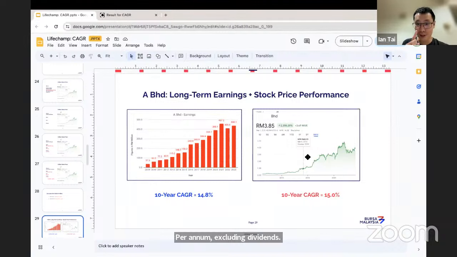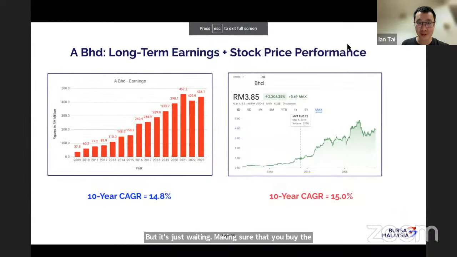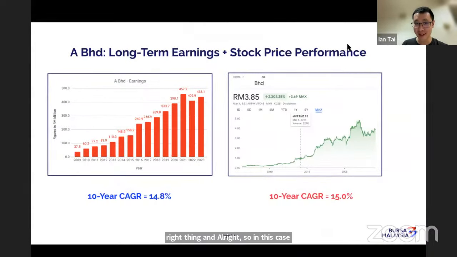So the money in stock investing is not so much about trading, but it's just waiting, making sure that you buy the right thing and wait. So in this case, for Aberhard, that seems to be rewarding for shareholders who are willing to wait.